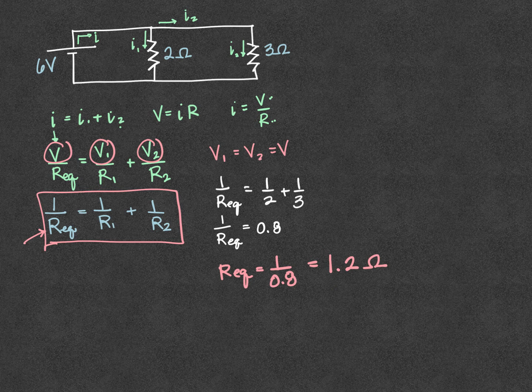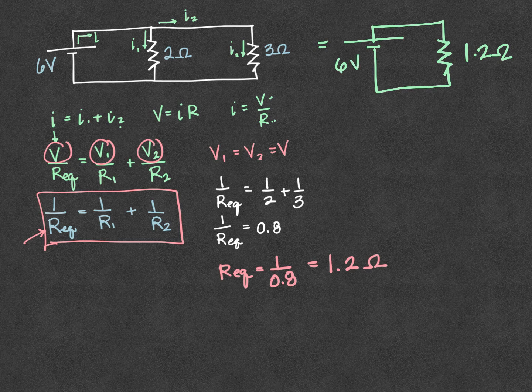So now I can think of this circuit as really being an equivalent circuit: a 6-volt battery connected to a 1.2 ohm resistor. So this would be the 1.2 ohm resistor, my 6-volt battery, and now I can find the current through the battery because V equals IR, so 6 is equal to I times 1.2.